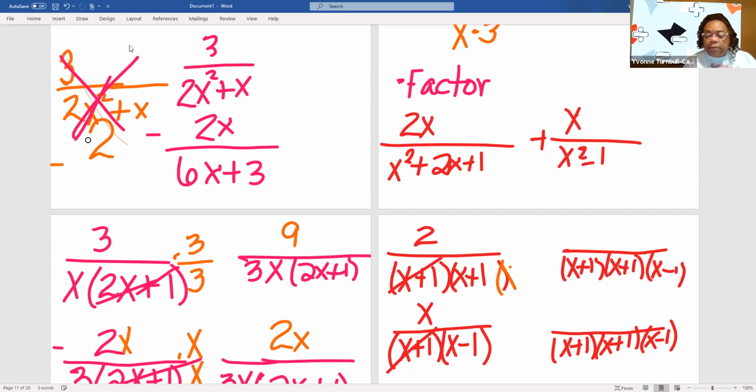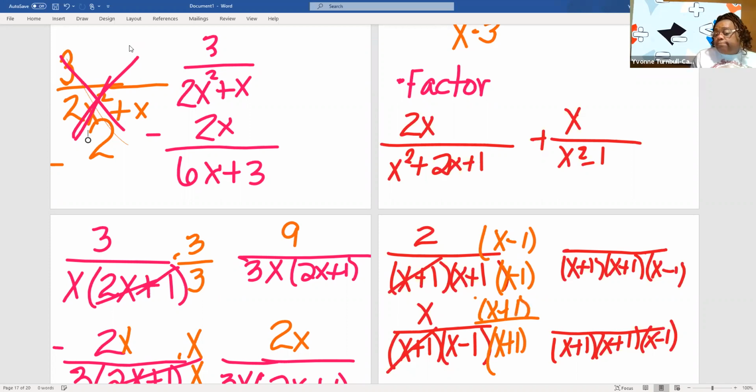So that's why I'm multiplying both the top and the bottom by x minus 1. What's in my new denominator at the bottom that's not in the old one? x plus 1. And here again, if you pay attention, once I write what's missing, the denominators look the same, the LCD and the original denominator.